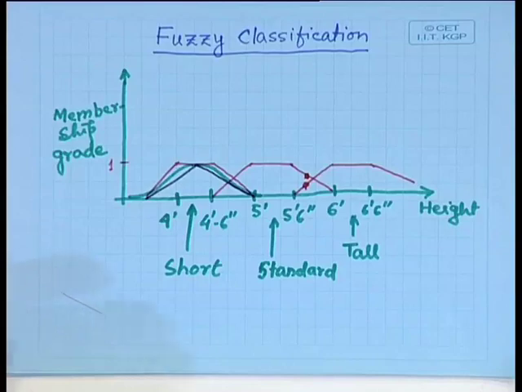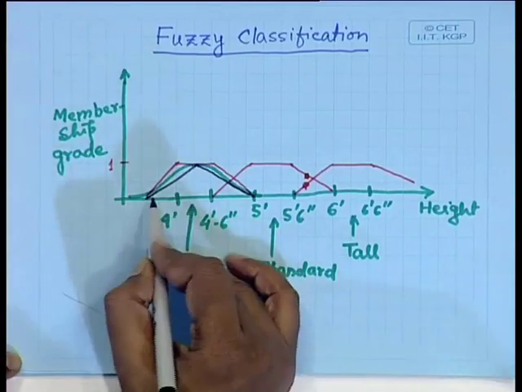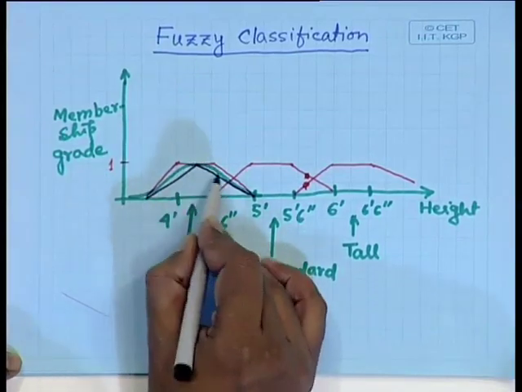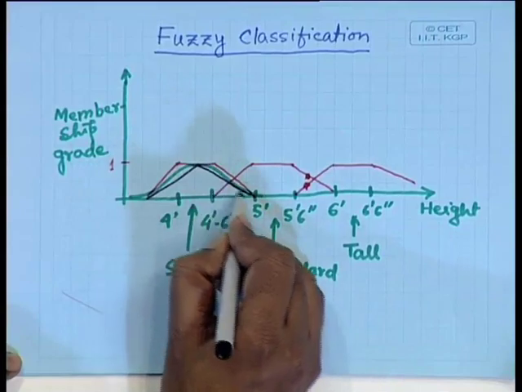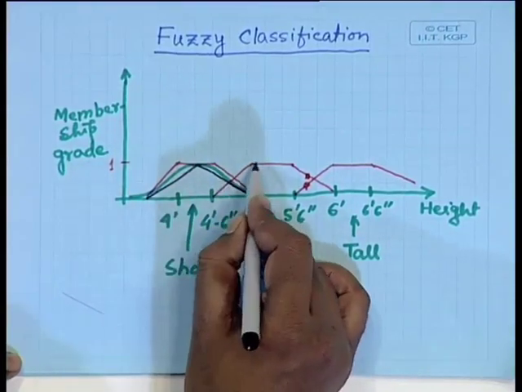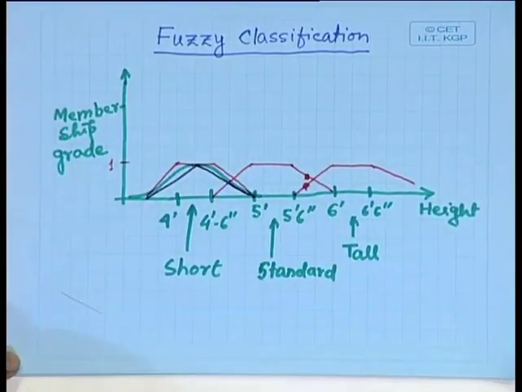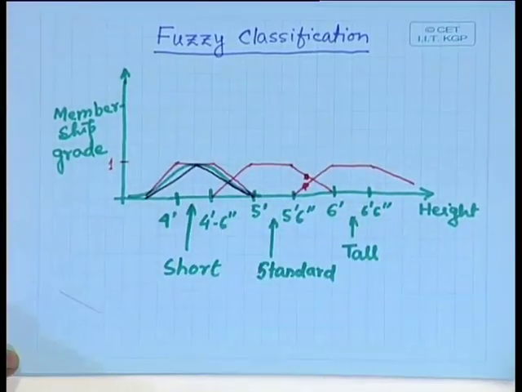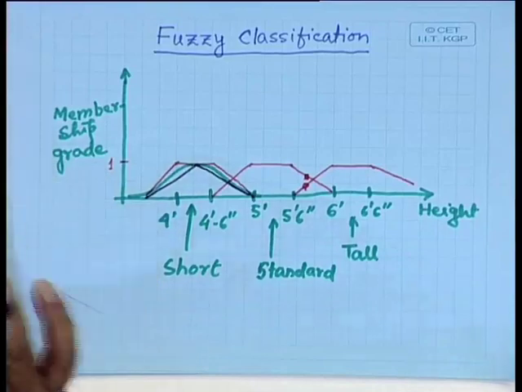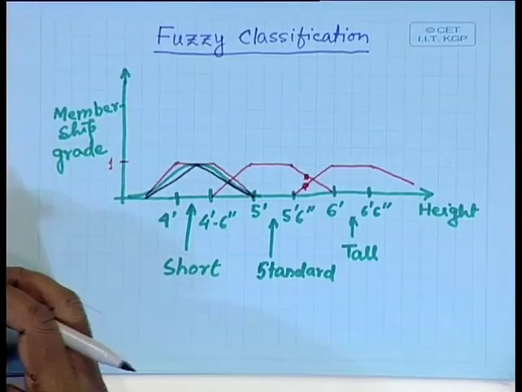There are different types of membership profiles that can be used. This is the triangular one, this is something like your Gaussian curve. What is mostly used is this sort of membership, the trapezoidal membership profile. You find that this is nothing but a trapezium. So, what is most commonly used is the trapezoidal membership.